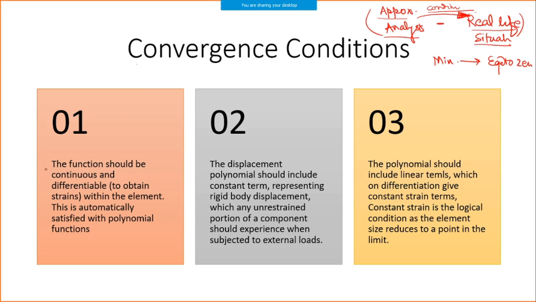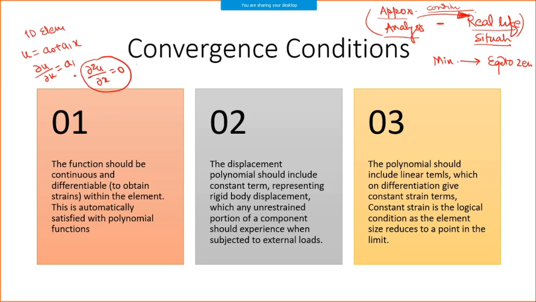The first convergence condition is that the function should be continuous and differentiable. If I consider a 1D element, we assume that u is a0 plus a1x. If I take the first derivative du by dx, it becomes a1. If I take one more derivative, it becomes 0, which means it is no longer differentiable.